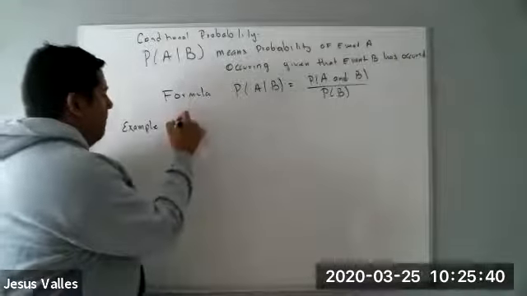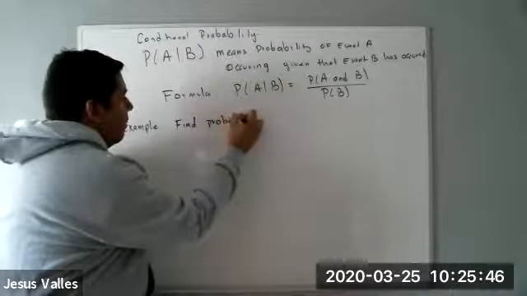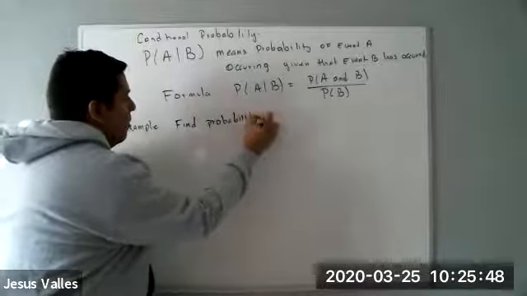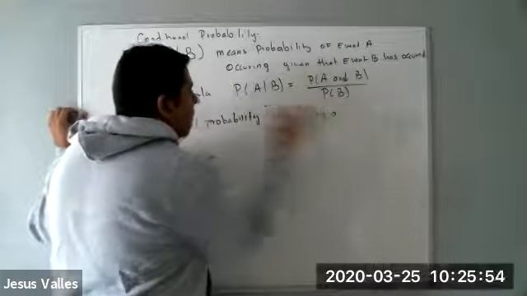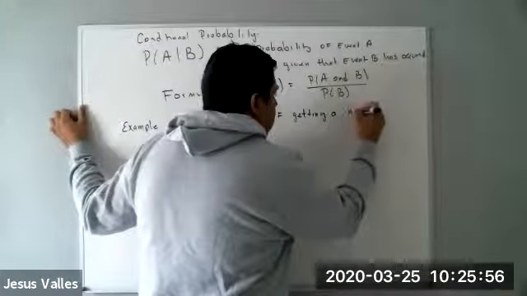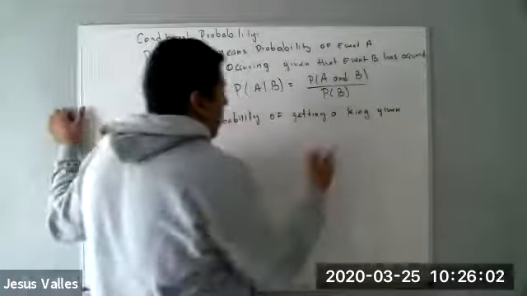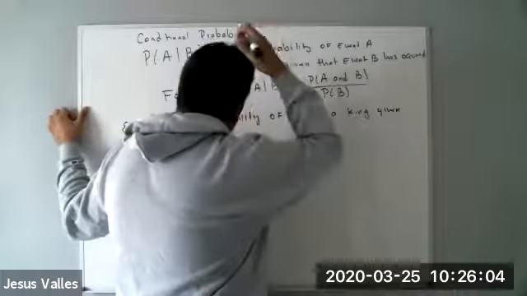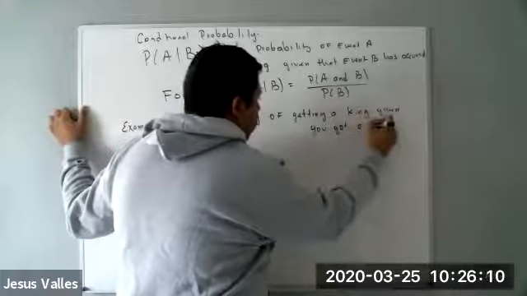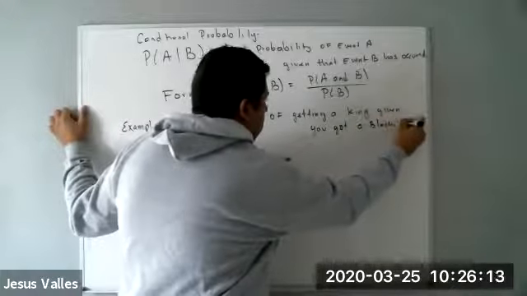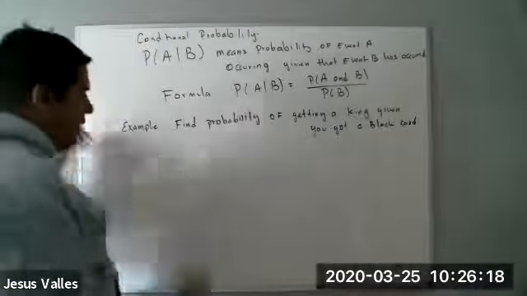Find the probability of a king given you got a black card. So like we said before, let's write down the givens.